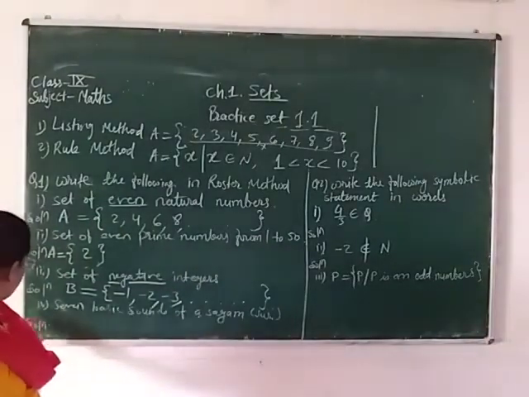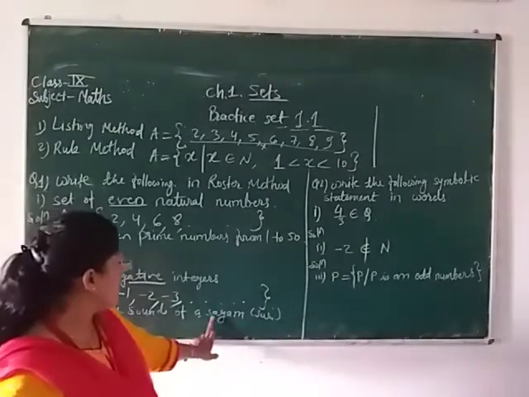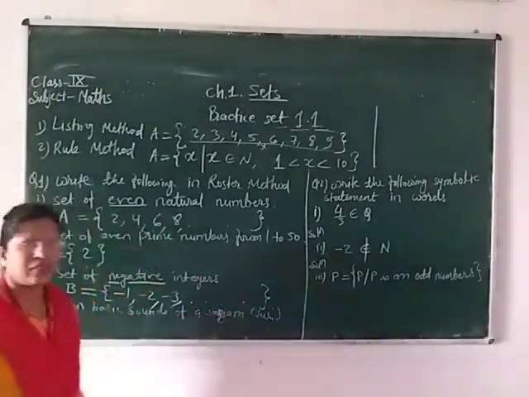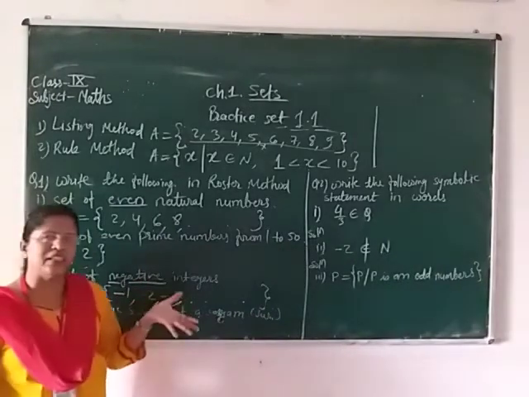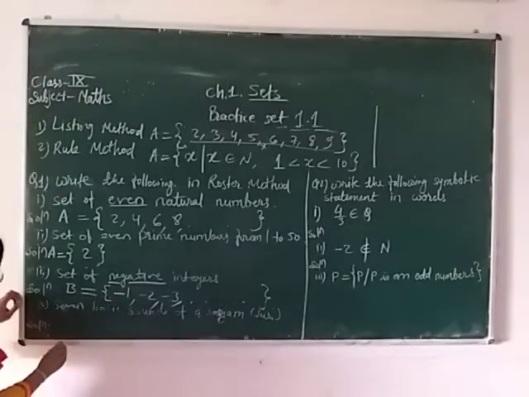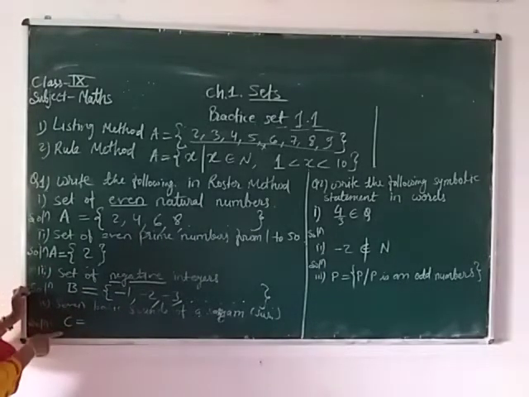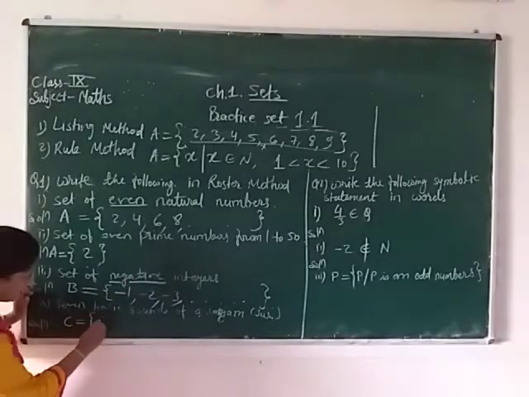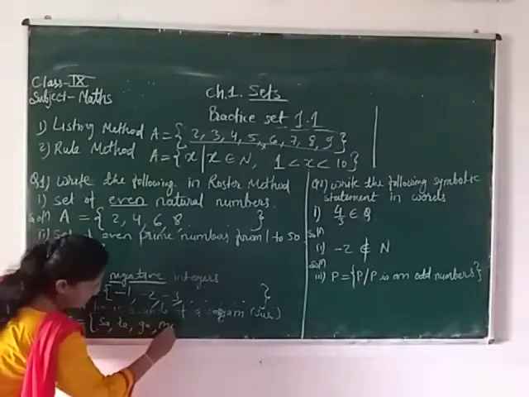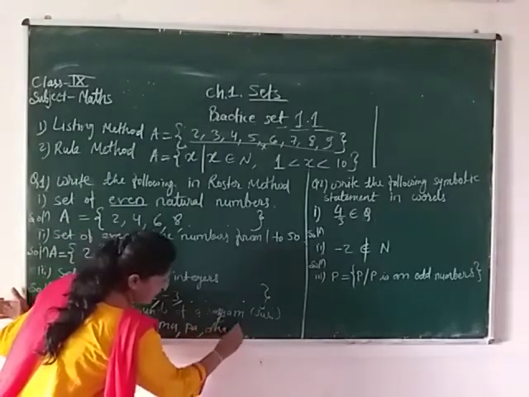The next example is the 7 basic sounds of a sargam: Sa, re, ga, ma, pa, dha, ni, sa. That is the 7 sounds of the sargam. Here we denote it by C, in curly brackets: sa, re, ga, ma, pa, dha, ni.